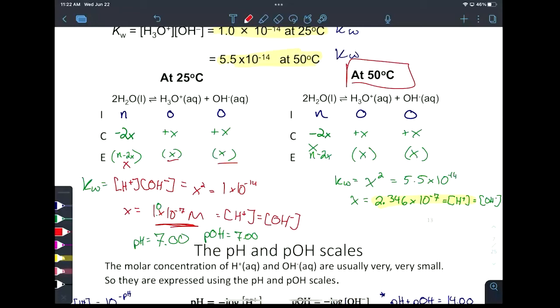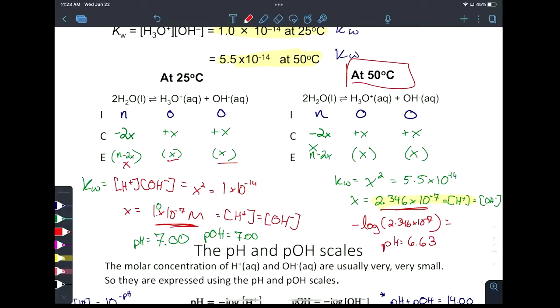We have a different KW value. Can someone calculate the pH of this water at 50 degrees Celsius? So negative log of 2.346 times 10 to the negative 7. What is that? 6.63, that's fine. Yeah, pH.